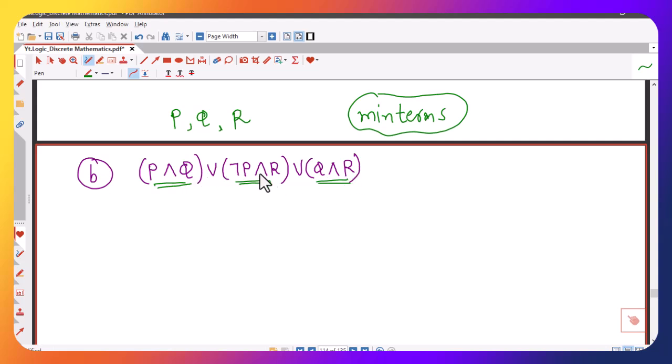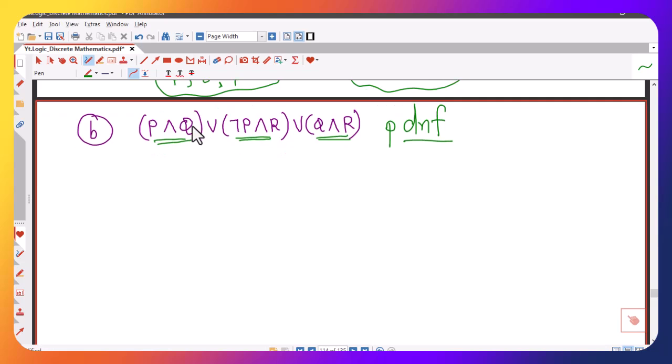All these are elementary products and we have the disjunction operator in between them. So this formula is in disjunctive normal form, but it is not in principal disjunctive normal form because it is not a disjunction of min terms for 3 variables p, q and r. Therefore we have to find out the principal disjunctive normal form for this.